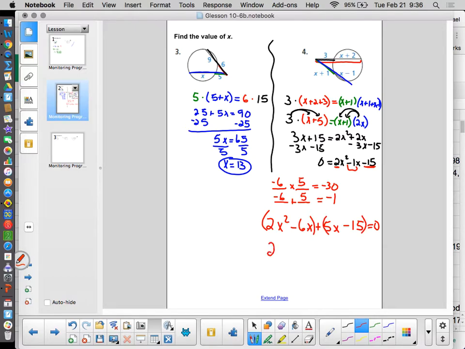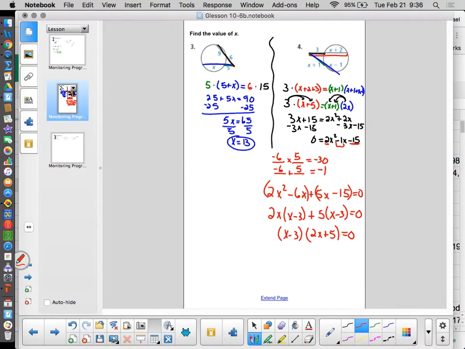Common factor here is 2x, leaving me x minus 3, plus 5, x minus 3 equals 0. These two things in the parentheses are exactly the same. They have to be. If they haven't, I've made a mistake. I then group those. I'm left with a 2x plus 5. And I get two solutions, either x equals 3 or x equals negative 5 halves.